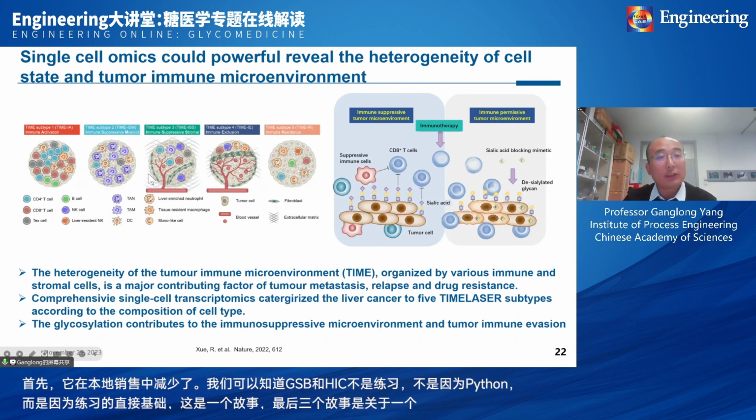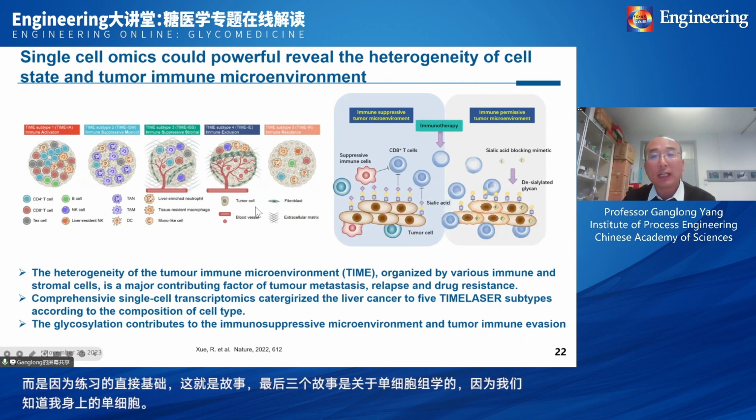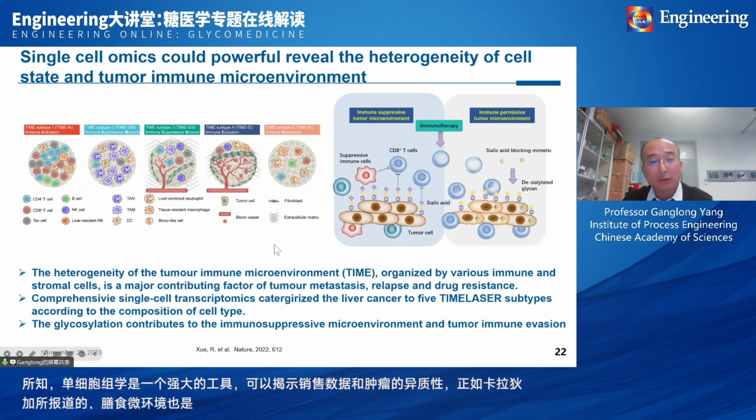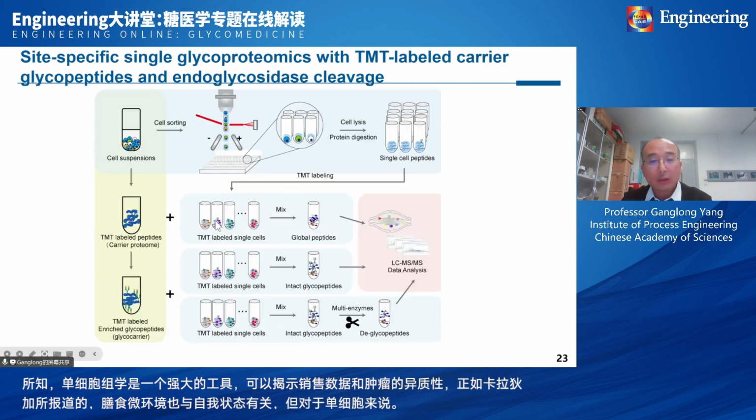As we know, single cell omics is a powerful tool that can reveal the heterogeneity of the cell state and the tumor immune microenvironment. As reported, glycosylation is also related to the cell state, but single cell glycomics is really challenging to develop well.